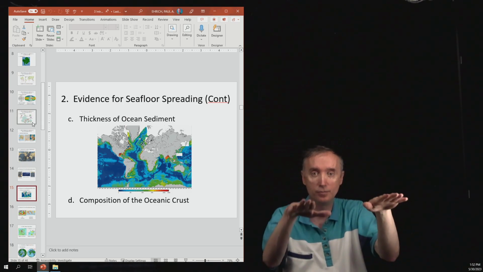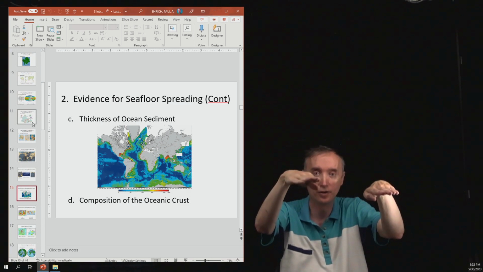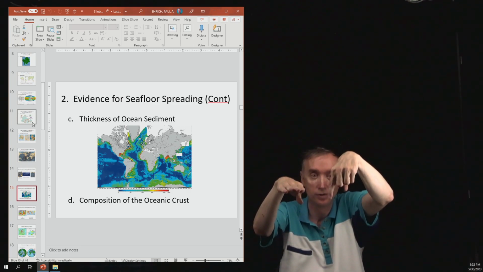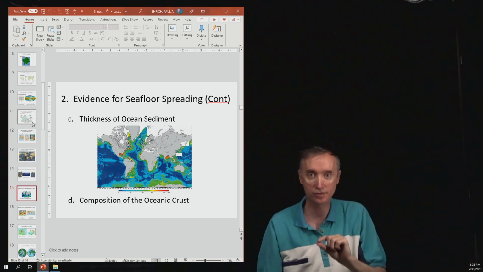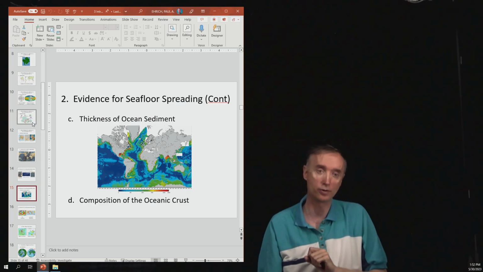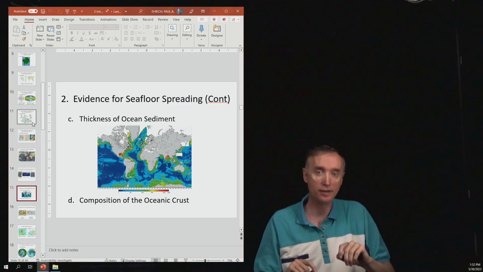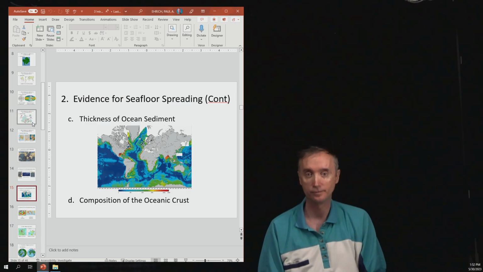So let's say over here is Europe, and over here is North America, and then you have the mid-ocean ridge, which is right in between. Well, that mid-ocean ridge is going to have the thinnest amount of sediment because that's where new ocean floor is being formed. And then the further away that you get from the mid-ocean ridge, the thicker the sediment gets.